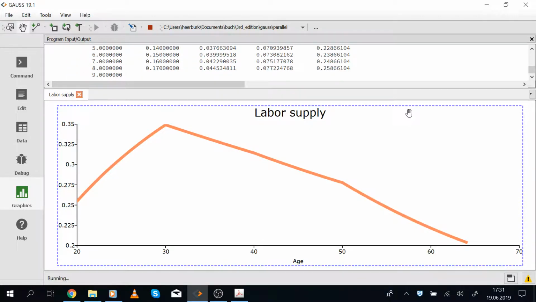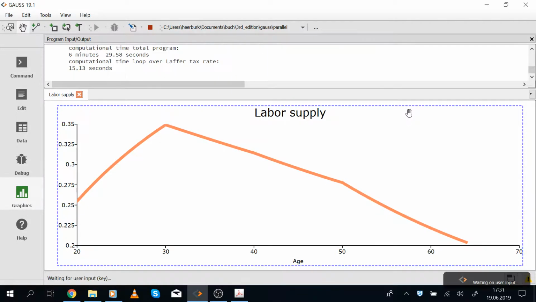And once we have calibrated the discount factor beta and have observed that our labor supply behaves decently, we can start the iteration over the wage tax tau n to compute the Laffer curve.